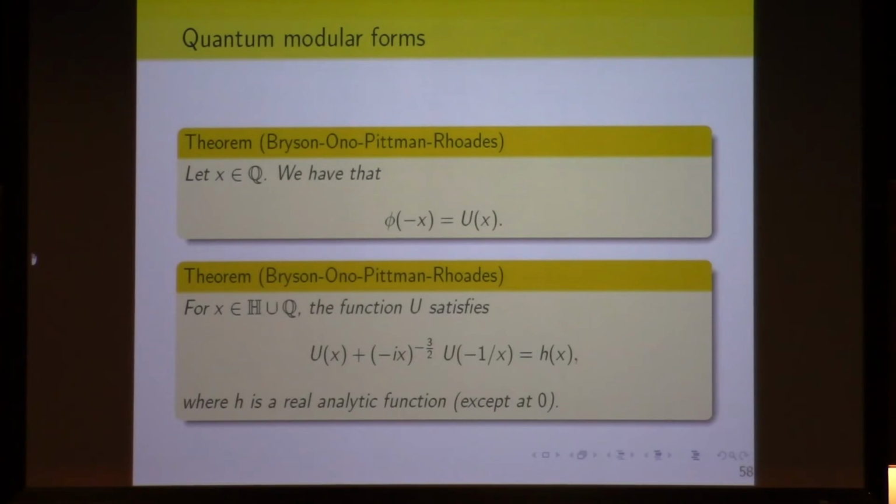But this interpretation allowed Bryson, Ono, Pitman, and Rhoades to extend the modular properties of this function to the upper half plane. Not only does it transform in a nice way with respect to q, but also on the upper half plane. This is an example of a function that is Mock and quantum at the same time.